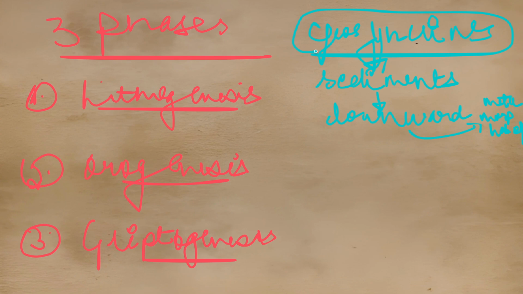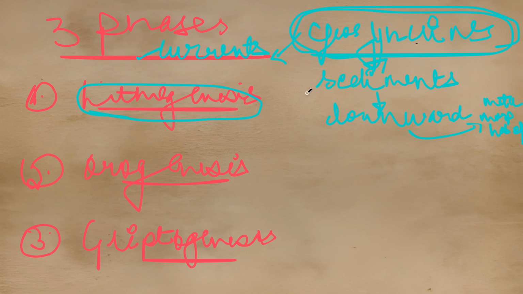So these currents form the geosynclines. So in lithogenesis, these currents are formed, and because of these currents, geosynclines are formed.